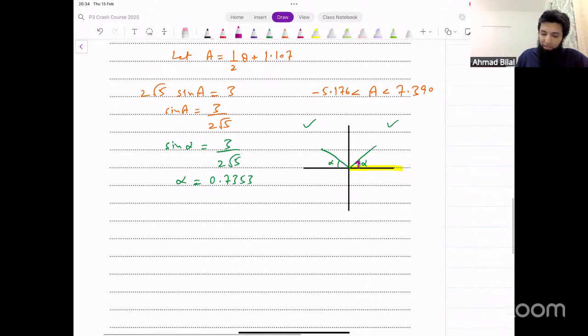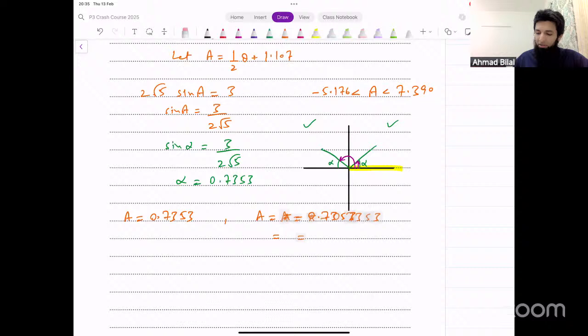So we can say A equals 0.7353. That's the first value of A. Let's go further. This is the second value that we're getting. A equals pi minus 0.7353. That will be another value. We'll come back to that.